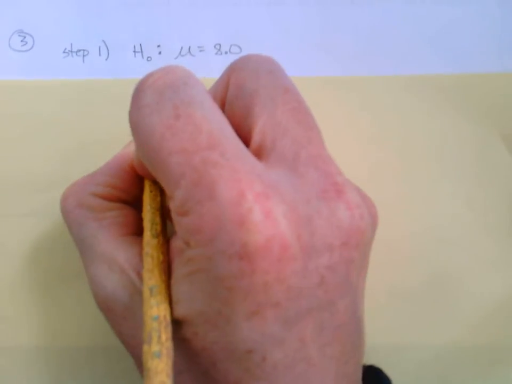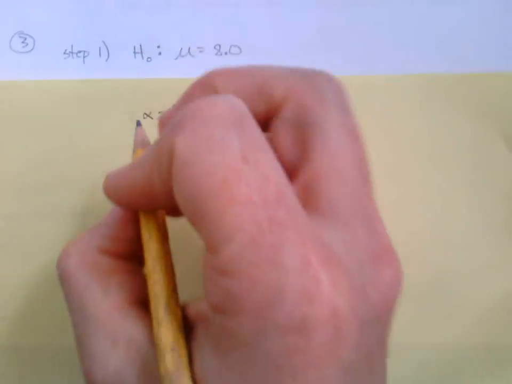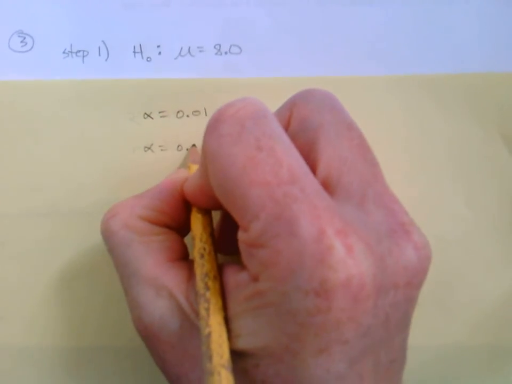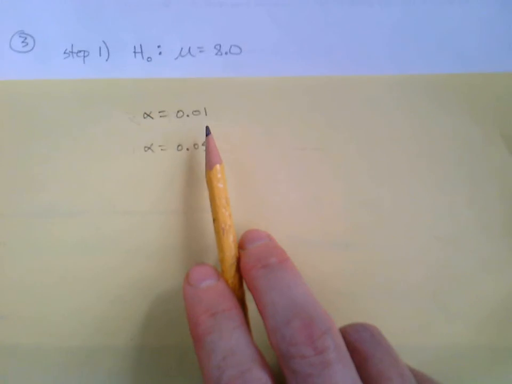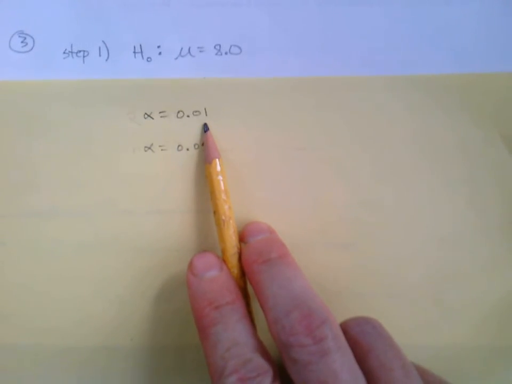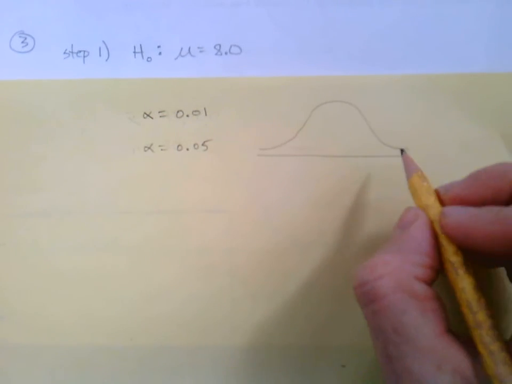Okay, so we're going to go through the steps here. A couple things, and you see the null hypothesis already. A couple things here. So they mention here that alpha equals 0.01. In the last problem, alpha was 0.05. That's going to be the typical. One thing to be aware of, the smaller the value of alpha, then the smaller that shaded region is.